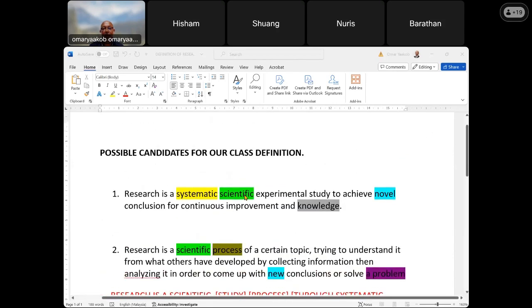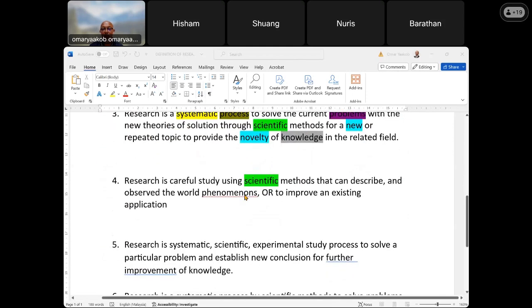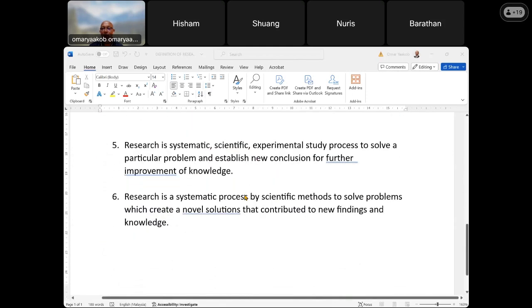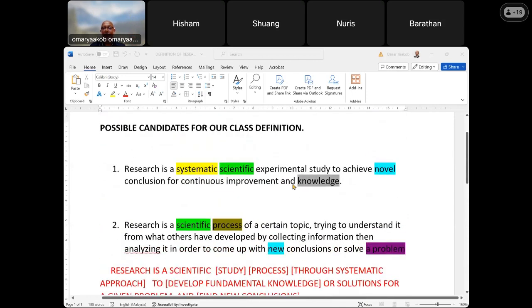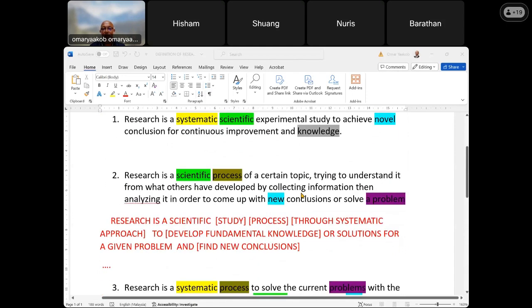Where is this? There's nothing here about that. We don't want to bring something from outside. We want to bring something from inside here. Research sometimes is just understanding nature.